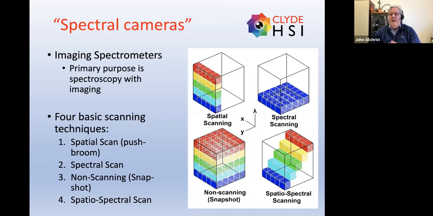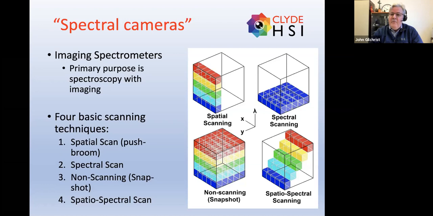Hyperspectral imagers encompass many modes of operation. But every single one of them has the primary purpose to do optical spectroscopy in some form. How they acquire and collect the data and how one talks about their performances is in many ways specific to the method of operation.